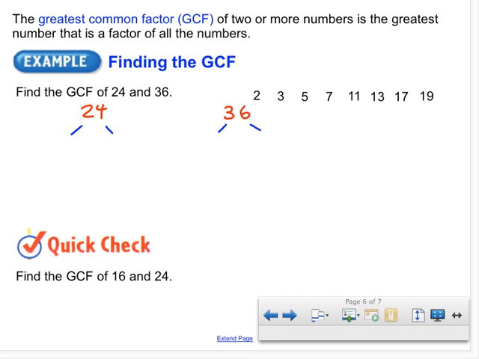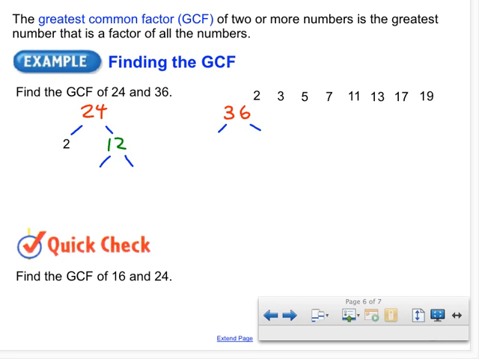Okay, rows 1 through 3. Can you guys tell me what's on the first branch here? 2 times what gives me 24? 12. Okay, so we're going to continue.